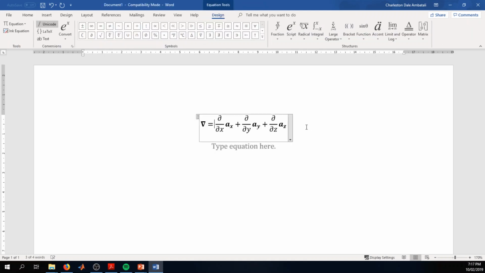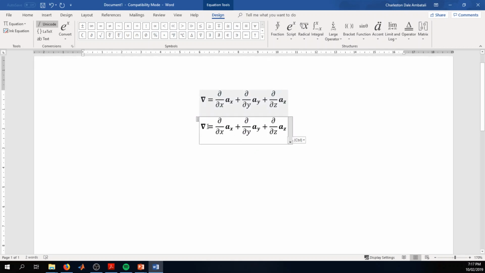Now, if we try to translate that to the cylindrical coordinate system, your nabla becomes a sum of components in the a rho, a phi, and az directions. The z component is still the same. If you want the change along the z axis, you just get the derivative with respect to z.